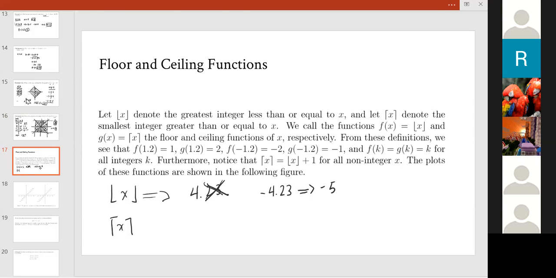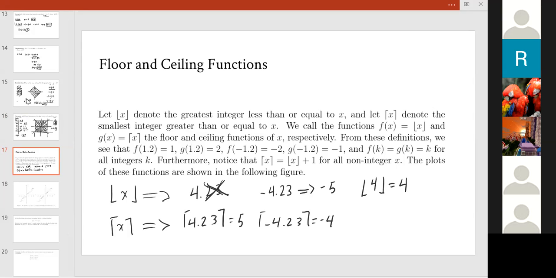And then for integers, for example, the floor of 4 is just going to be equal to itself. Similarly, for the ceiling, that's the smallest integer greater than or equal to x. For 4.23, that's going to be 5. And for negative 4.23, that would be negative 4.